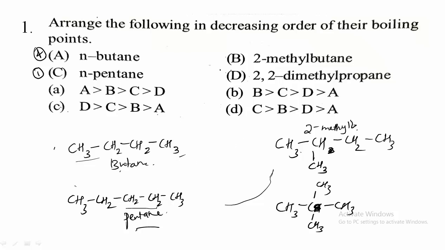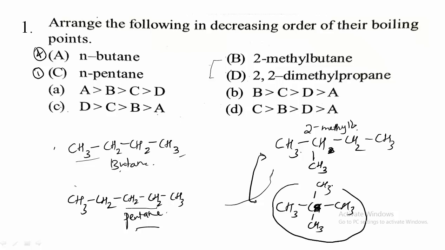And among these two, which one is having more boiling point? 2-methyl or 2,2-dimethyl? Since both consist of 5 carbon atoms, as you know, in case of isomers, if it is branched, then it is having lower boiling point. If it is having straight chain, then it is having higher boiling point. Among these two, which one is more branched?